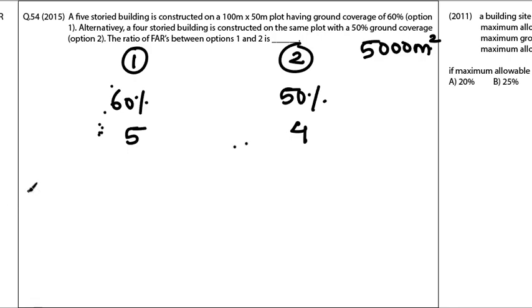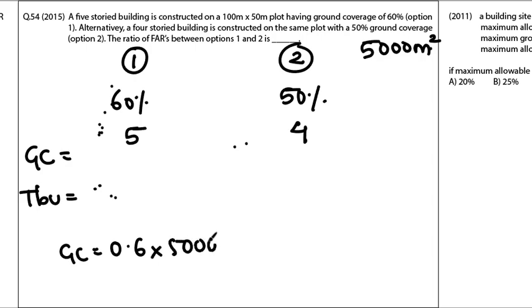So we know that total built up area is plot area. So now we have to first calculate the ground coverage. They have given us 60%. So ground coverage will be 0.6 into 5000, that is 3000 meter square.